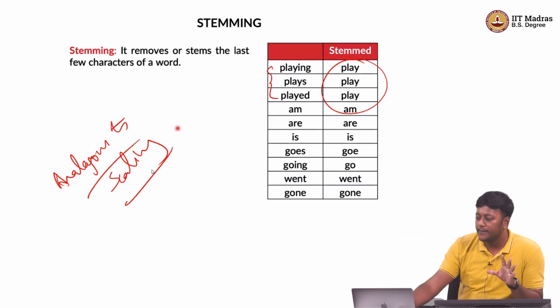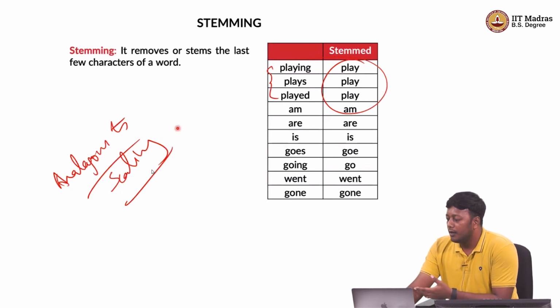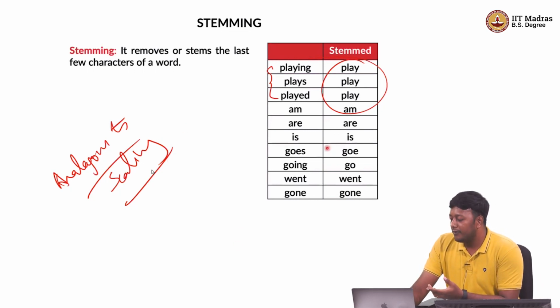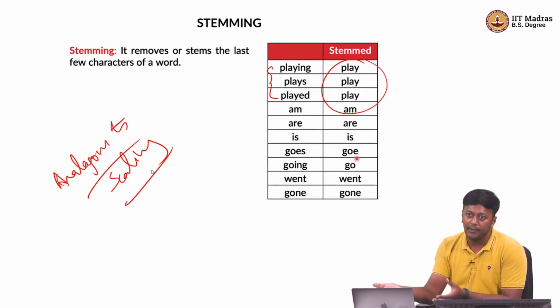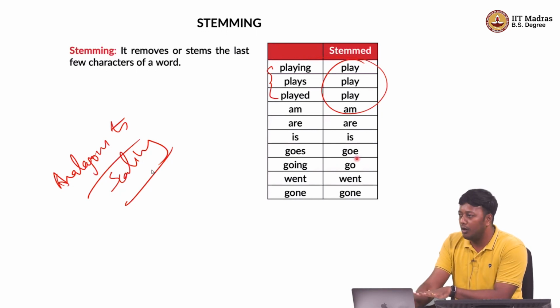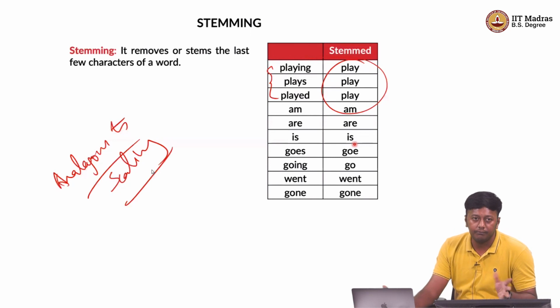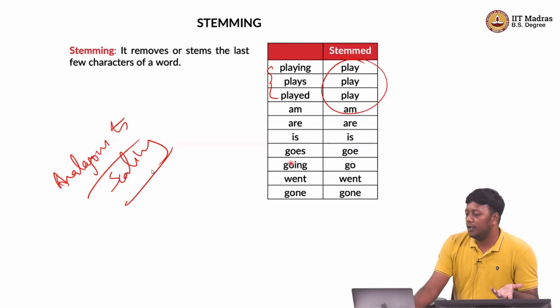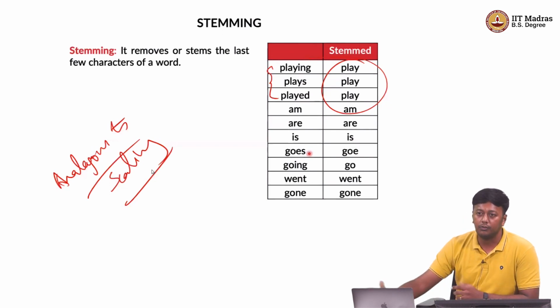That's all, right? So here, if you see, going became go, that's okay. Goes became goe, right? That's because in stemming you generally just apply some rules, that's all. The rule here is: trim es, trim ing. So I can trim es from goes, and it becomes goe. Goe is actually not a proper word, but that's what it is, right?